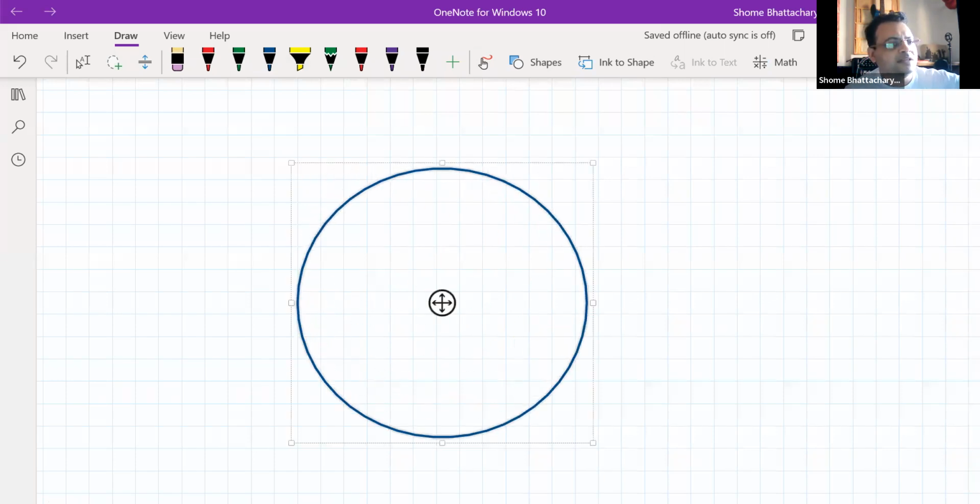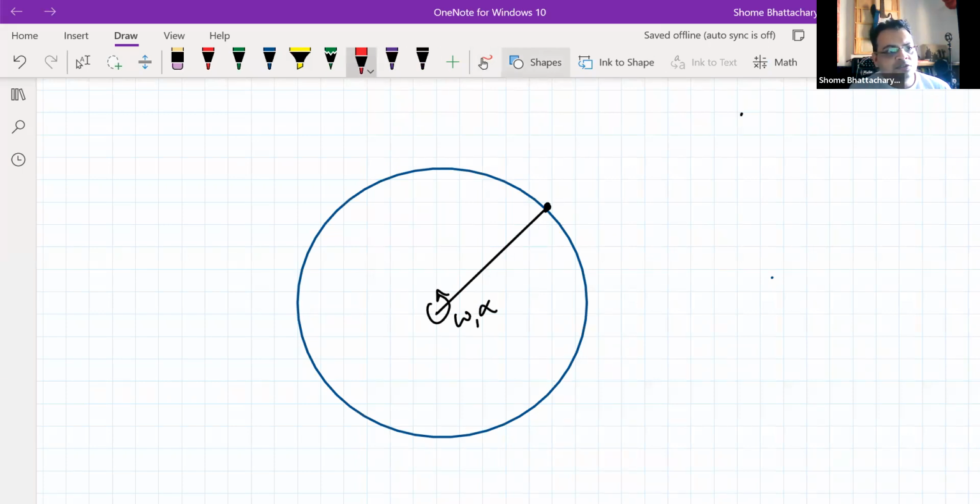So if you look at a particle in circular motion, at some instant, let's say the location of the particle is somewhere here, having angular velocity omega, angular acceleration alpha.